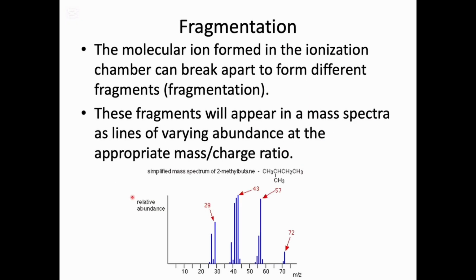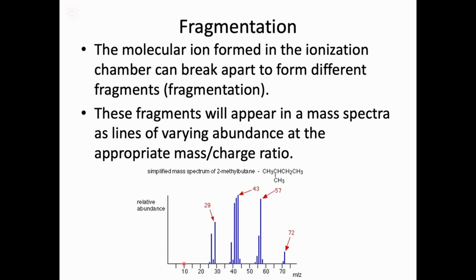Overall, your mass spectrum identifies your unknown sample, whether that's a literal poison, a forensic case, or whatever it might be. So that sample is bombarded with high energy particles and broken up into different fragments.